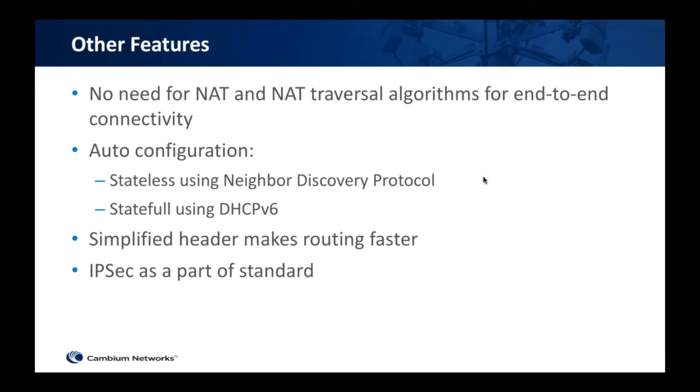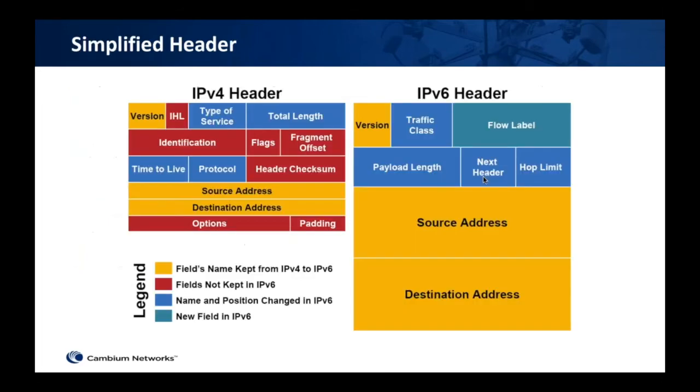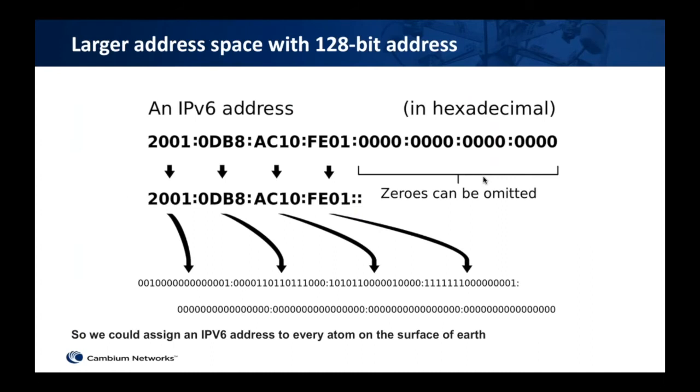And on this slide, you can see that there is a joke that you can assign an IPv6 address to every atom on the surface of Earth.